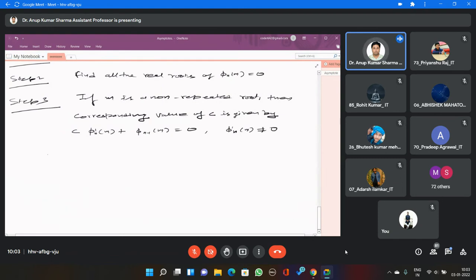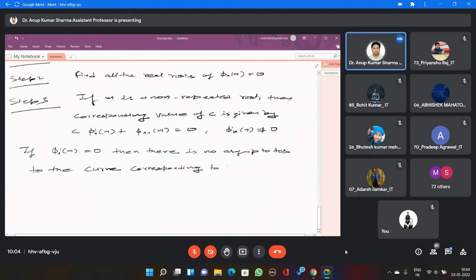But maybe there is a case: suppose phi n dash m is equal to 0, then there is no asymptote to the curve corresponding to this value of m.